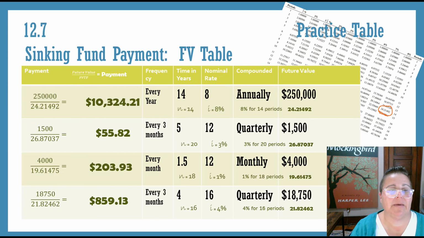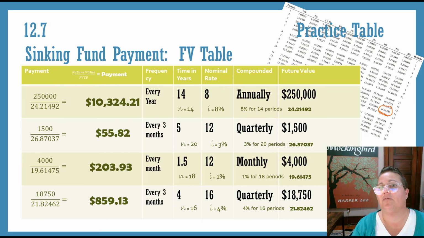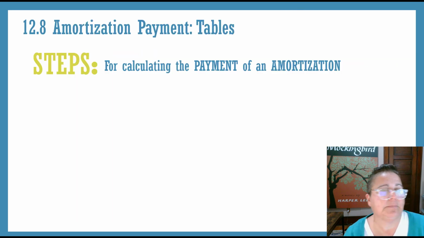I knew that chart was going to come in. So I'm hoping you took that opportunity to try a couple of problems and make sure that you were able to do them yourself using the present value table, either 12.1 from your text or the printout that is included in the module for this particular unit.